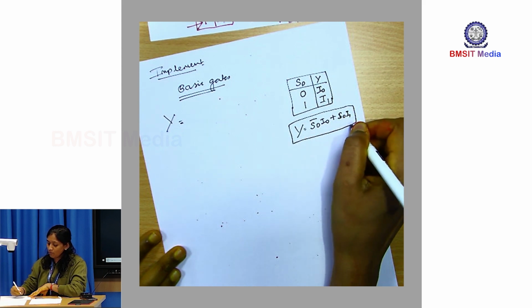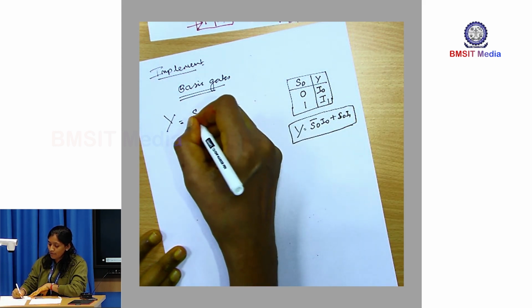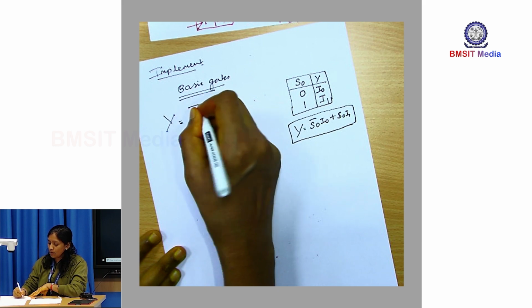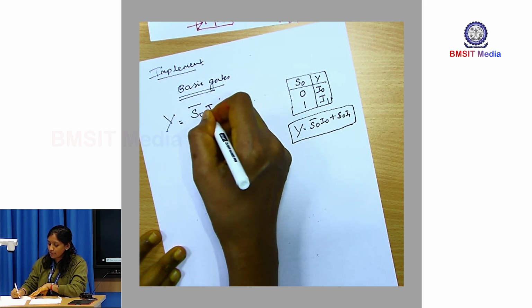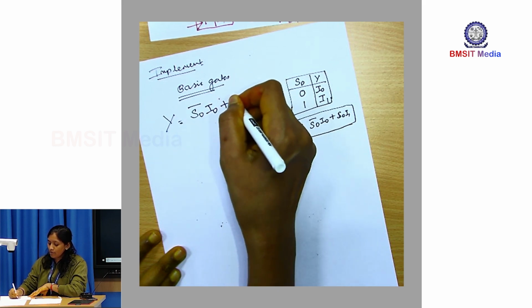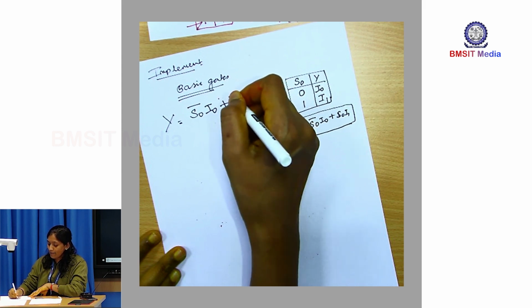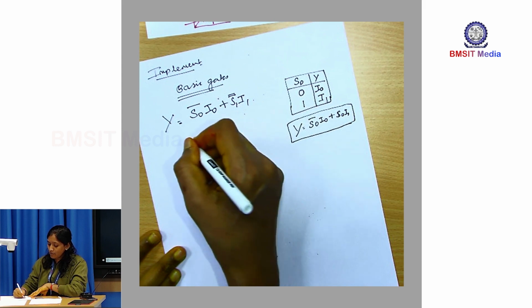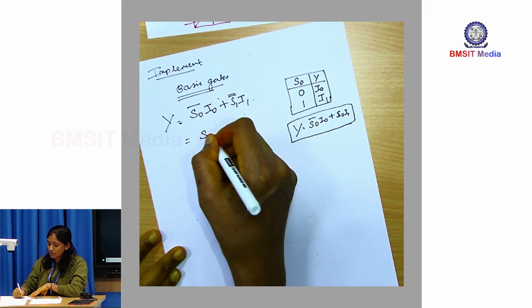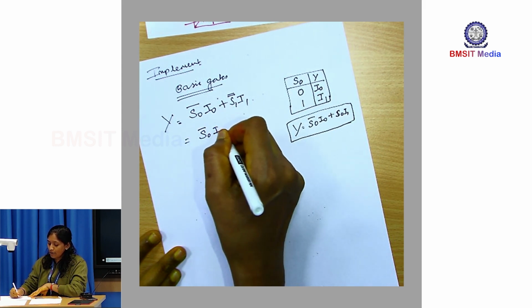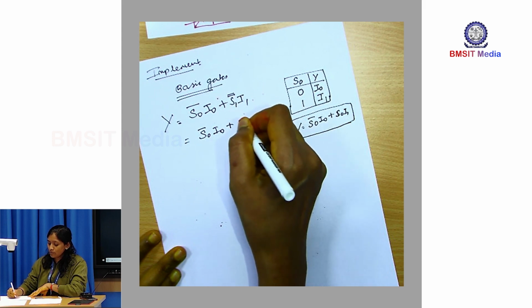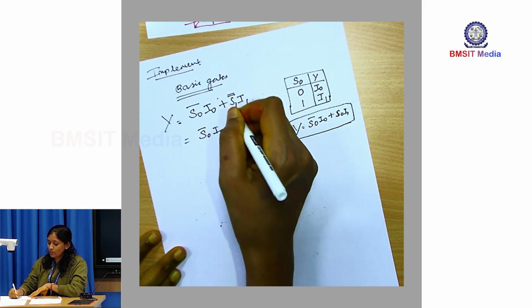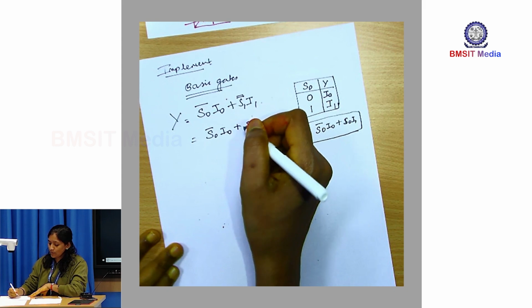That is the output of the mux: whenever S naught is 0, transmit the information I naught. Whenever your S1 is high, transmit the information I1. So, I can write this as S naught bar into I naught plus S1 into I1, that is, S1 double bar is nothing but S1.